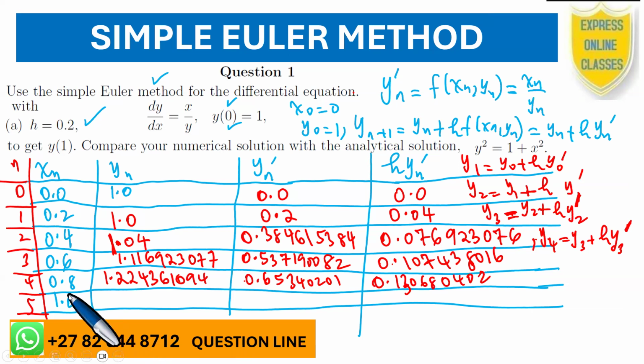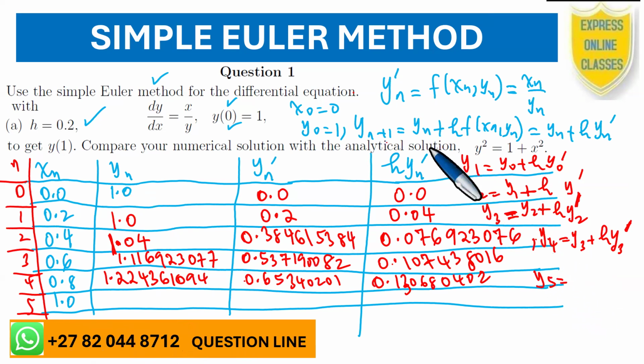Okay. Next, finally, we are at 1. If finally we are at 1, we're able to get the following. Let us check this one. At 1, what is Y5? We come to Euler, because that is what we use to get the subsequent.